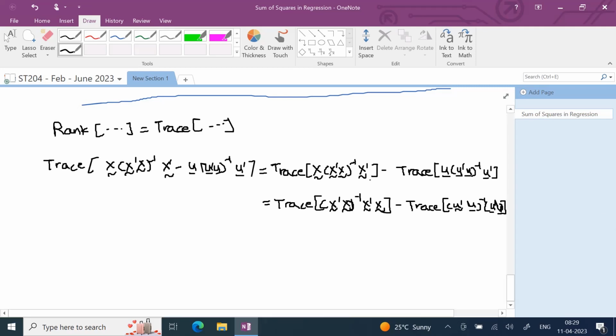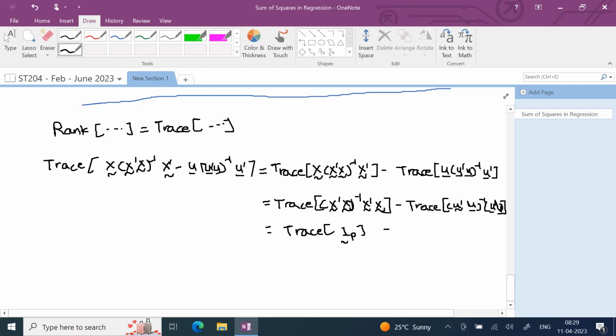So what do I get? (X prime X) whole inverse X prime X is trace of identity matrix of order p, because X prime X is of order p cross p. Okay. And what do I get here? Now U prime U is basically a scalar.